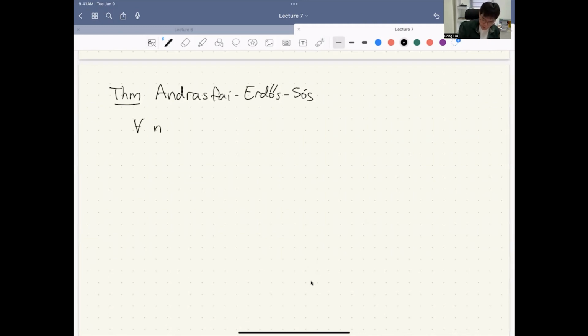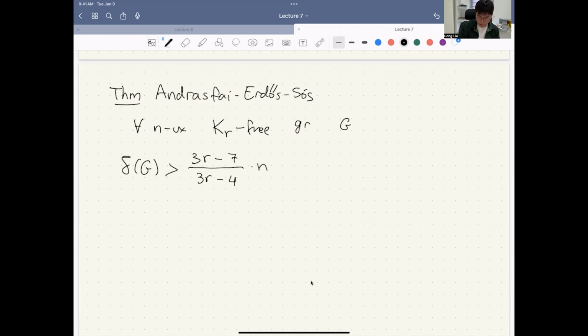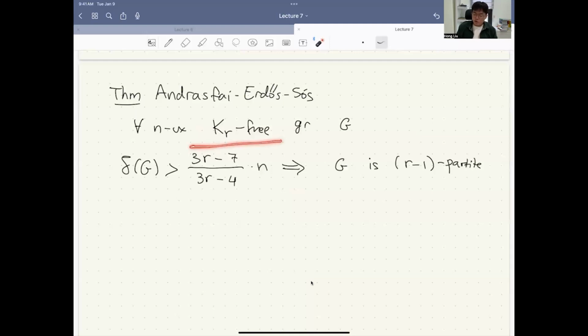It says that for every n-vertex K_r-free graph G, with r at least 3, if the minimum degree is bigger than (3r-7)/(3r-4) times n, then G is (r-1)-partite. Remember, for K_r-free graphs, the extremal one is the (r-1)-partite Turán graph.